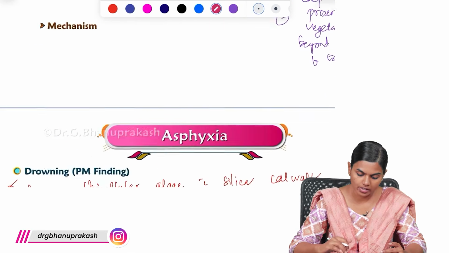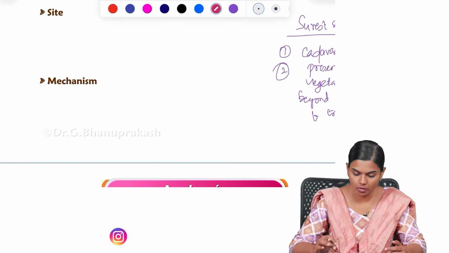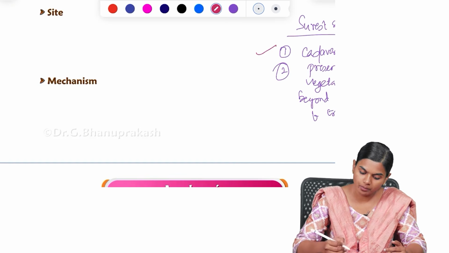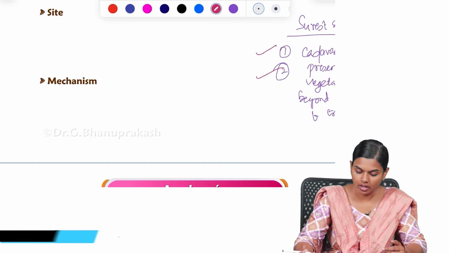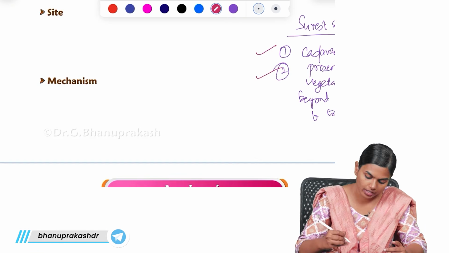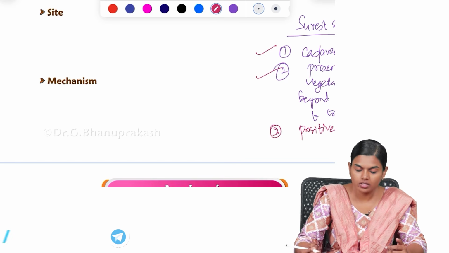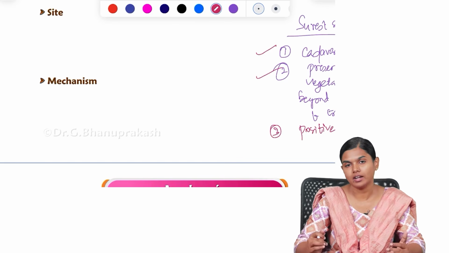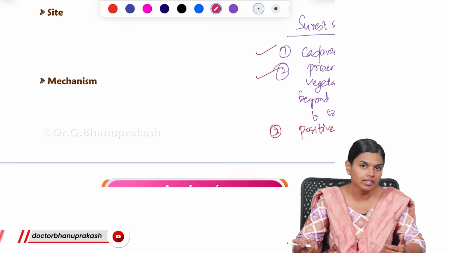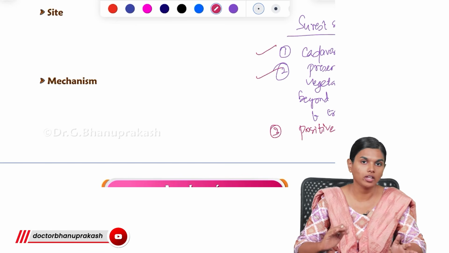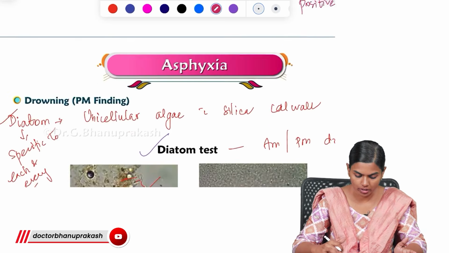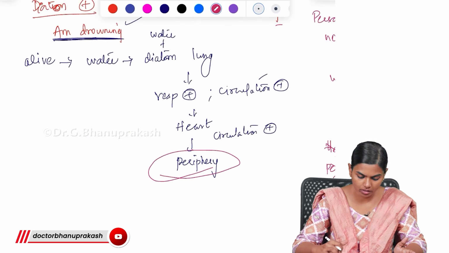So now the surest signs of antemortem drowning are cadaveric spasm, presence of vegetation and froth beyond the bifurcation of trachea, and finally a positive diatom test. These are the important signs that will help us to know whether it is a case of antemortem drowning or postmortem drowning. So this is how we differentiate between these two.